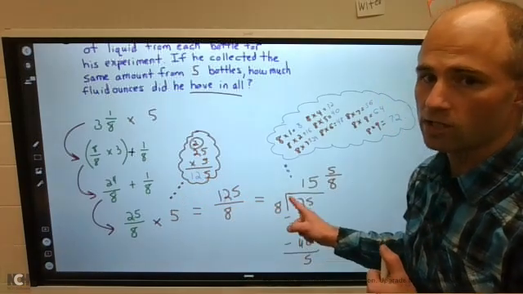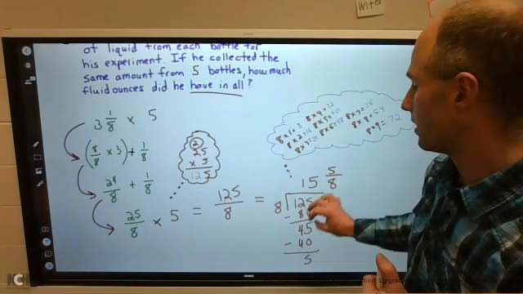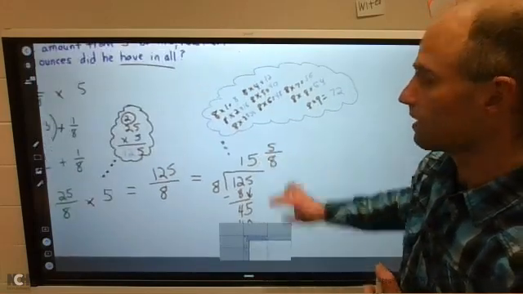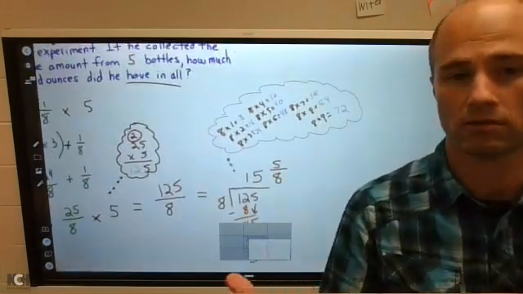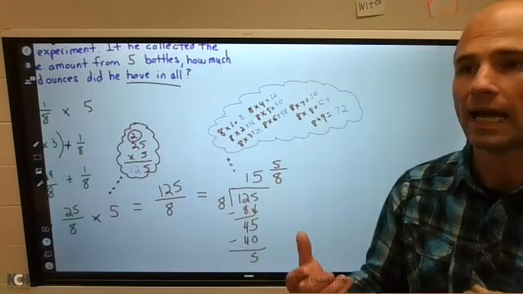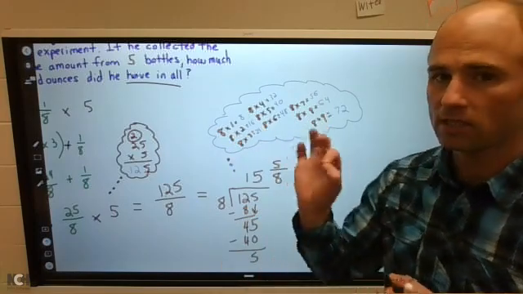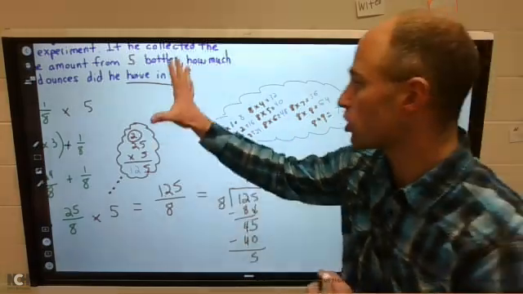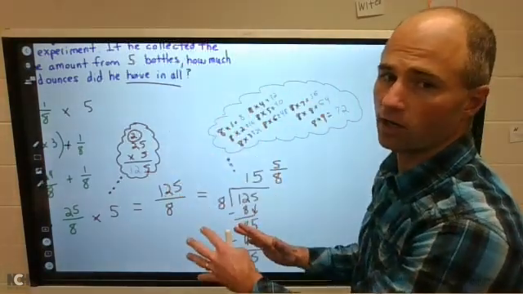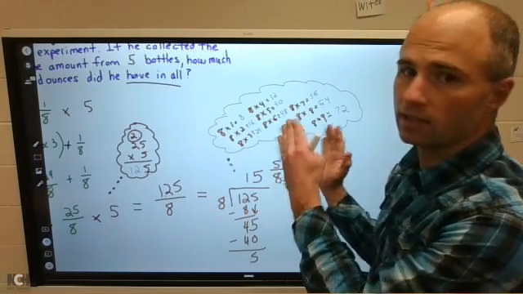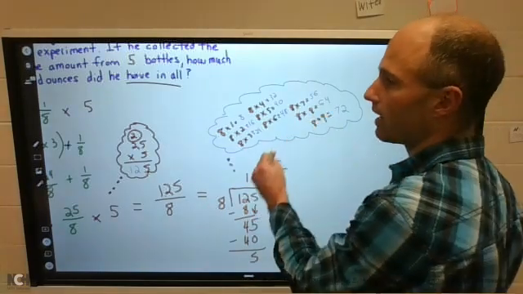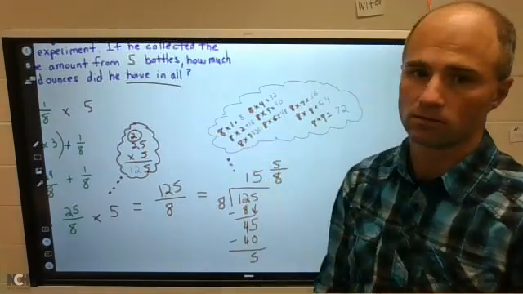How many 8s go into 125? Well, my 8 times tables you may not be fluent at, so I'm going to write them down. I've gone really, really far. Why would I want to make a silly little multiplication mistake at the last final steps?